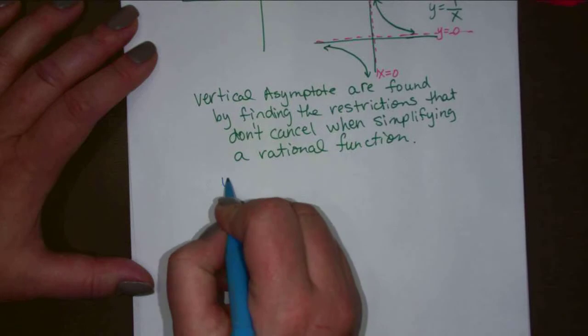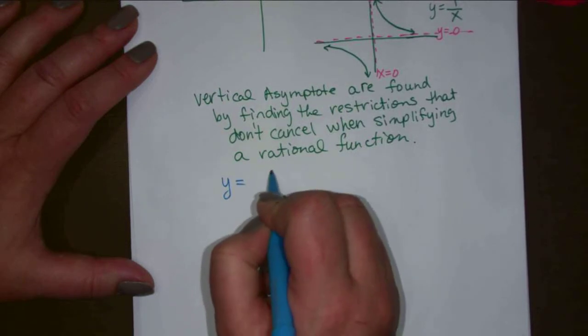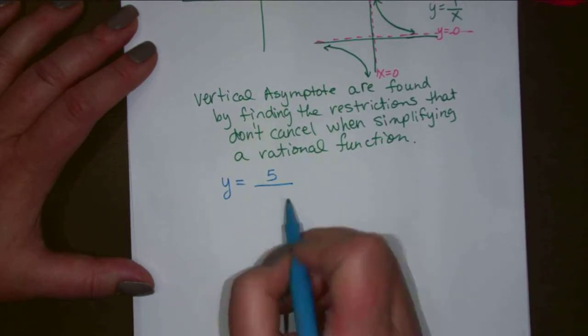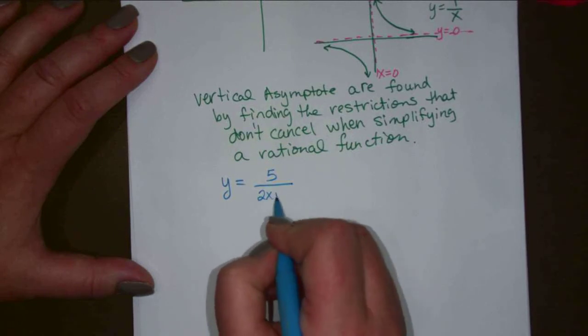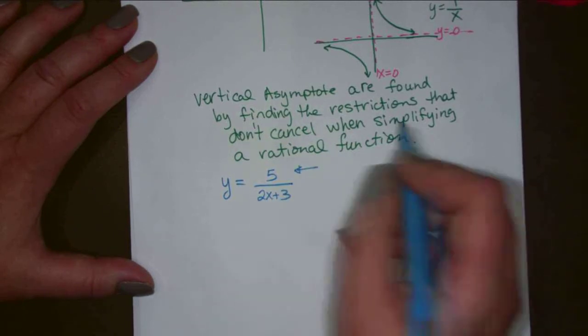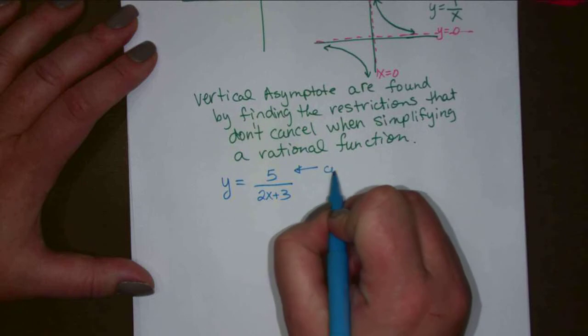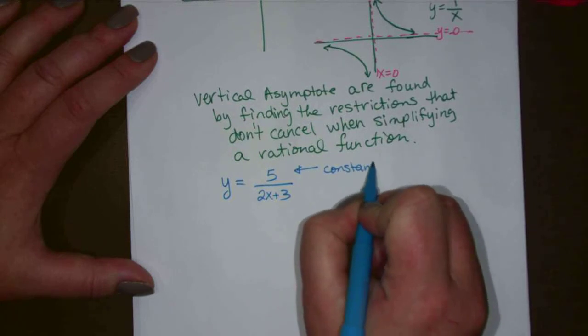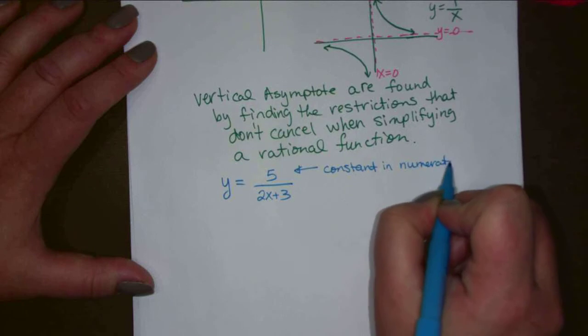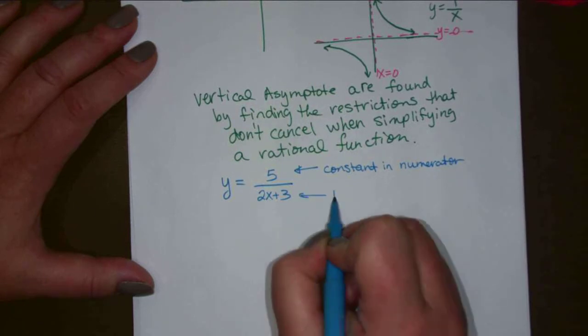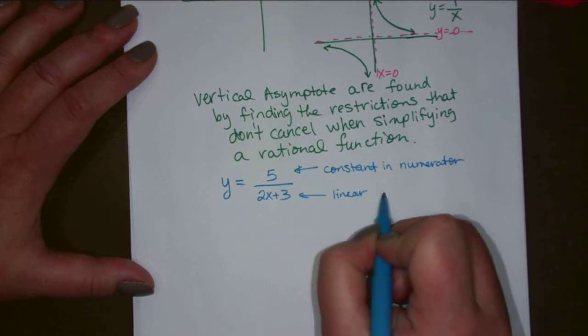So in our example, or any example that we do, we're going to have a number on top and a linear expression on the bottom, say 2x plus 3. So we're only going to see this type with a constant in the numerator and a linear denominator.